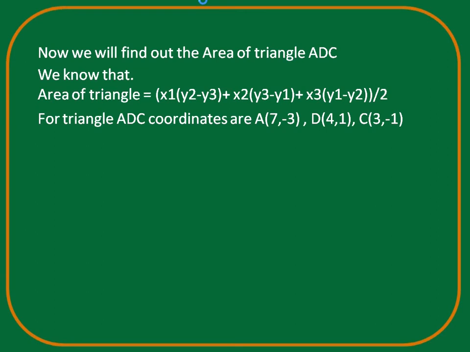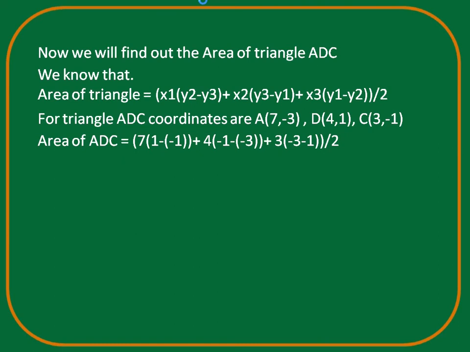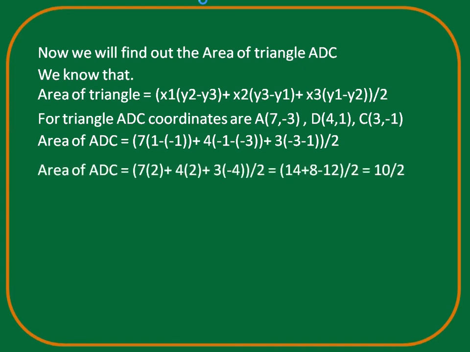There may be a negative or positive sign, but as you know area cannot be negative, so you just take the magnitude of the quantity. Now substituting the values of x1 y1, x2 y2 and x3 y3, we get this equation. On simplifying, we get 14 plus 8 minus 12 upon 2. So here also we get 10 upon 2, and the area of ADC is equal to 5 square units.